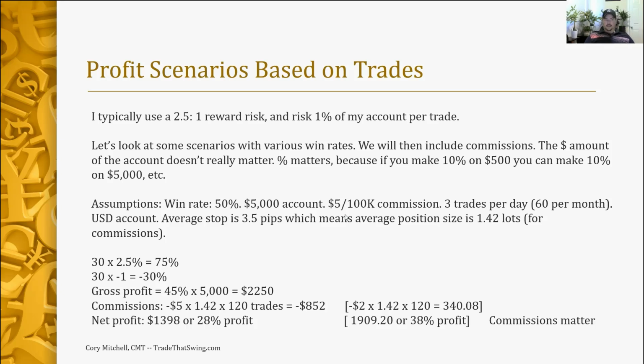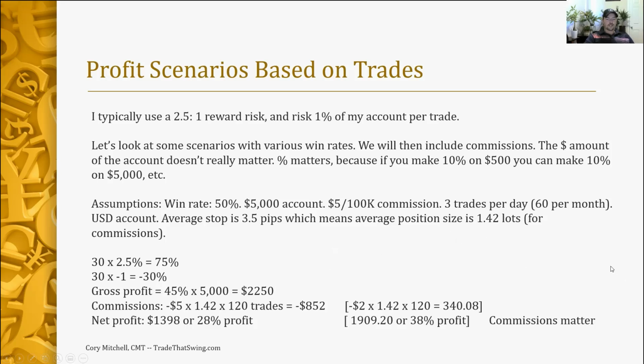So that's what the typical stop loss is going to be, and that just helps us establish what our position size is, so that we can use that to calculate our commissions, because we need to know how much we're actually trading per trade multiplied by how many trades we have a month multiplied by our commissions to establish our commissions for the month. So we'll use this a little bit later on.